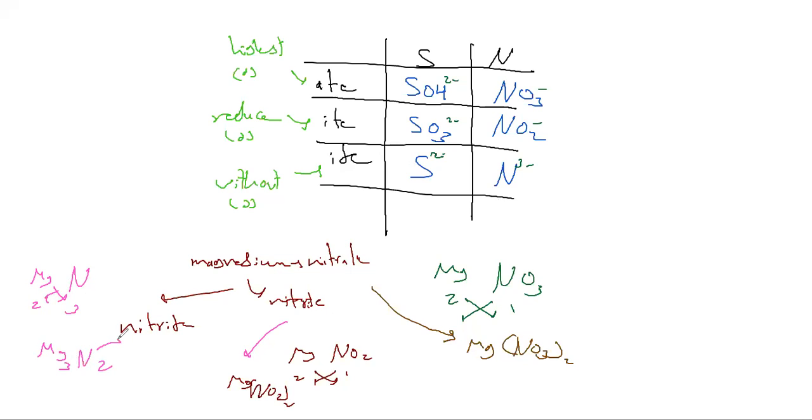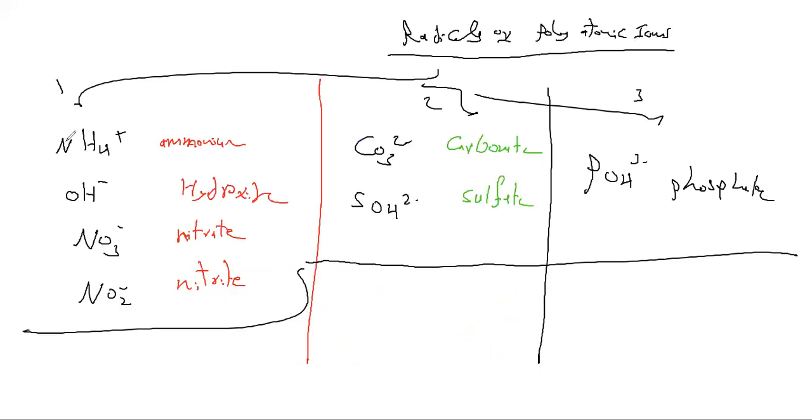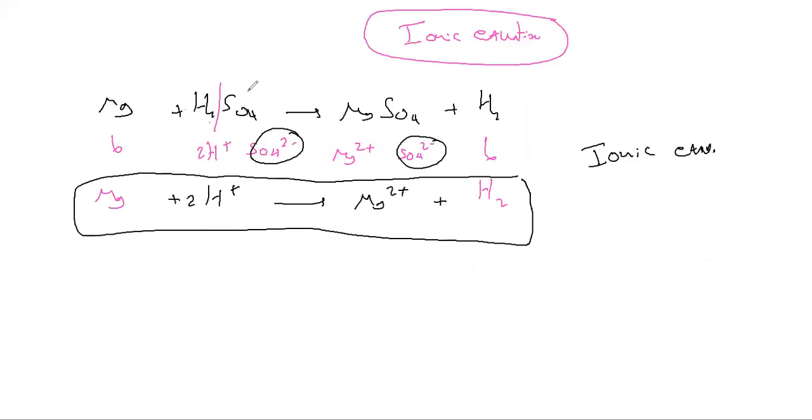This is magnesium nitride. And for the valency of radicals: ammonium, hydroxide, nitrate, nitrite are valence 1; carbonate, sulfate are valence 2; phosphate is valence 3. So in this case, sulfate is 2 negative, so these are 2 positive.